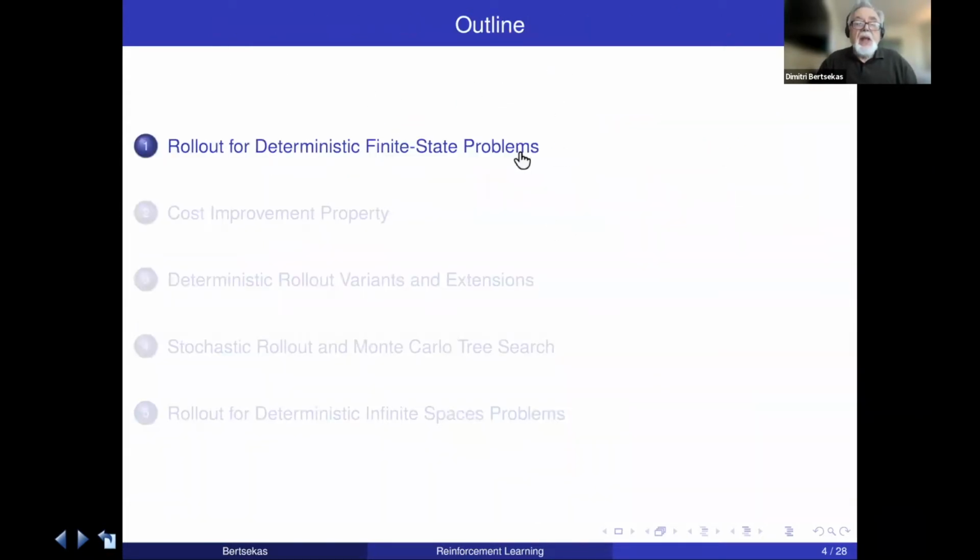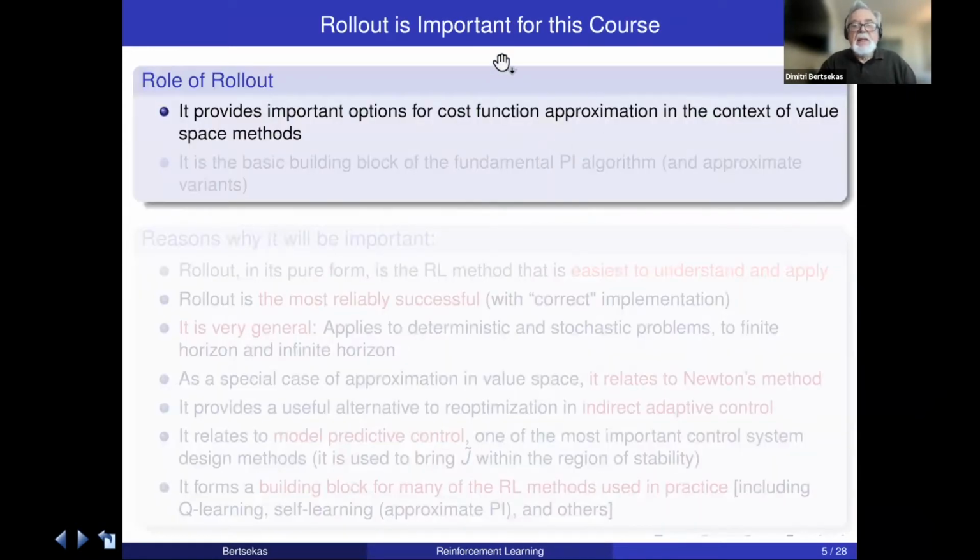So now let's go into deterministic finite state problems. No expectations, no uncertain quantities. Why do we want to cover rollout, and why is it important for our course? Well, first of all, it provides important options for cost function approximation in the context of approximation in value space. So it's one possibility, and with its variations, quite a few possibilities.